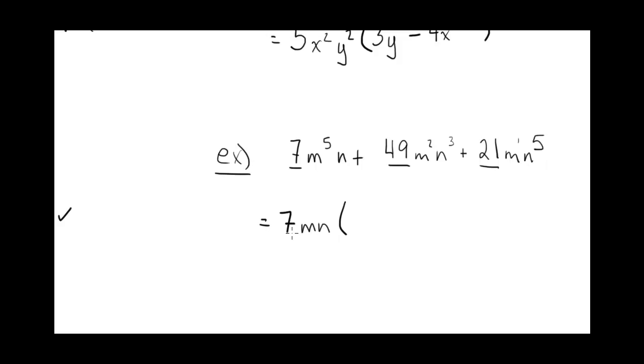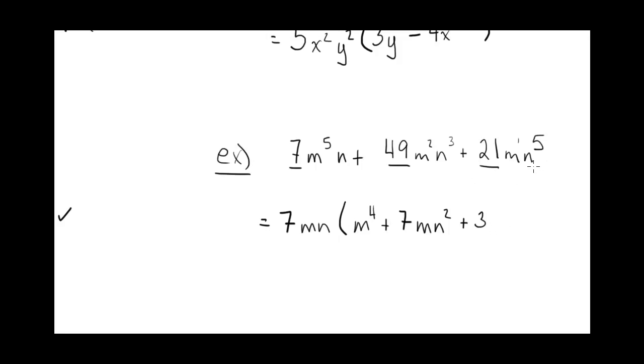What do I need to multiply this by to get this? So 7, 7, I'm good, I don't need any more numbers. m to the 4, in the n's we're good, plus 7 times what gives us 49, 7. m times what gives us m squared, that'd just be 1m. n times what gives us n cubed, n squared, plus 7 times what gives us 21. m times what gives us m, nothing.